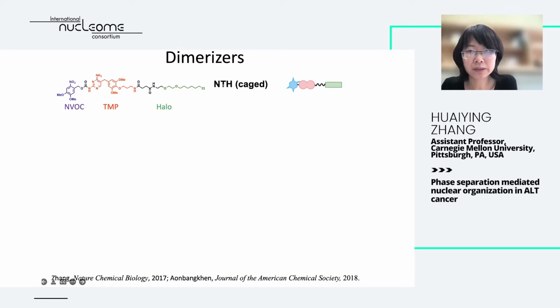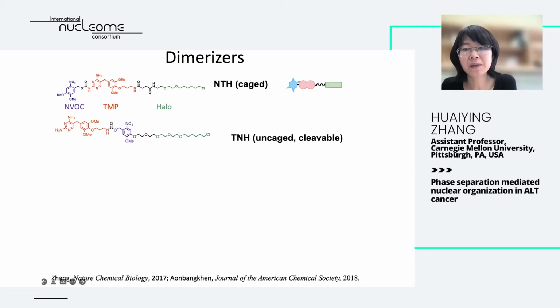We can also simply put the MeNVOC photosensitive cage in the middle. Now it becomes uncaged but cleavable, meaning that you can release a protein from another protein, or if the Halo is anchored to a structure, you can release the protein from a different structure.